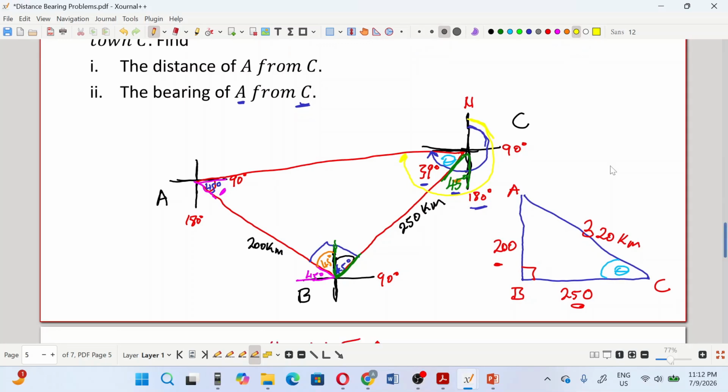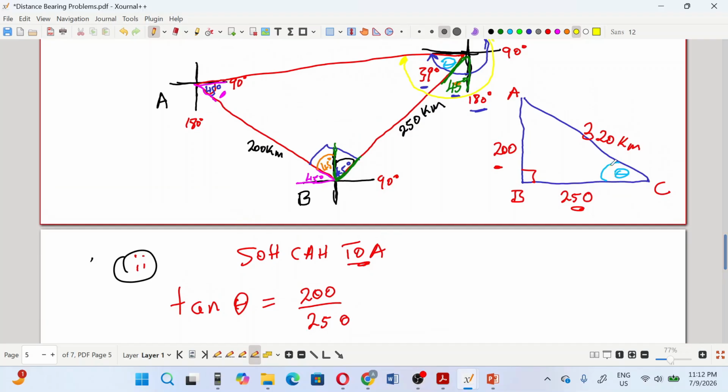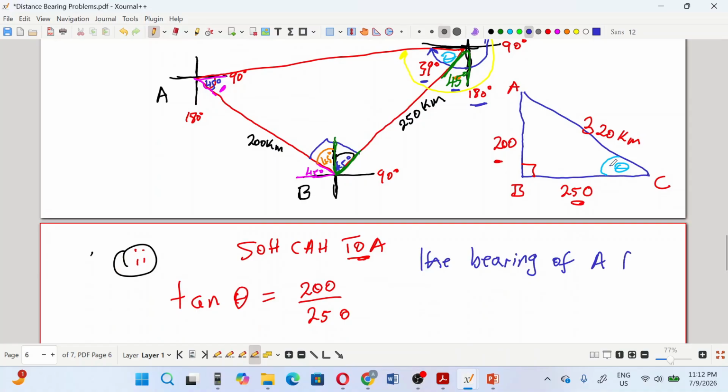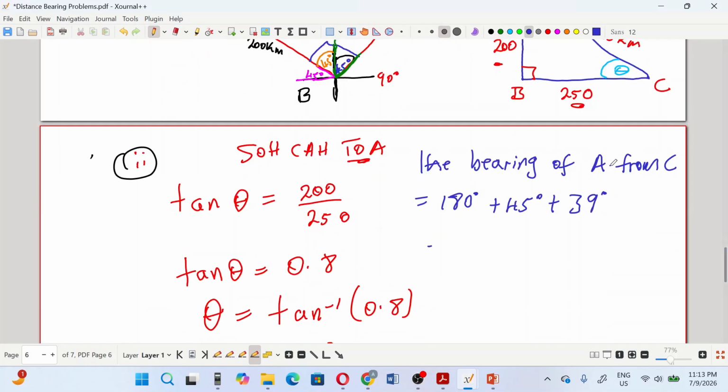So we're going to say the bearing of A from C will be equal to 180 plus 45 degrees plus the 39 degrees that we just found, right?